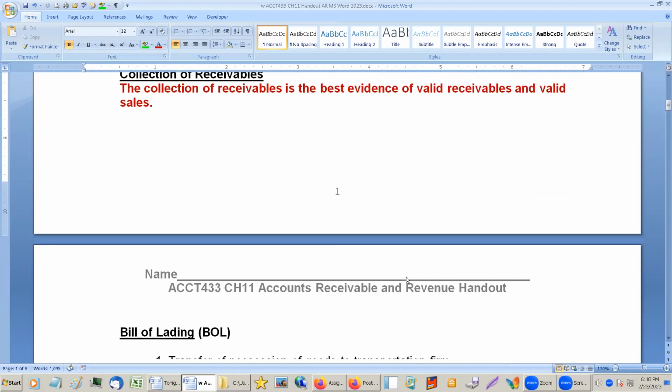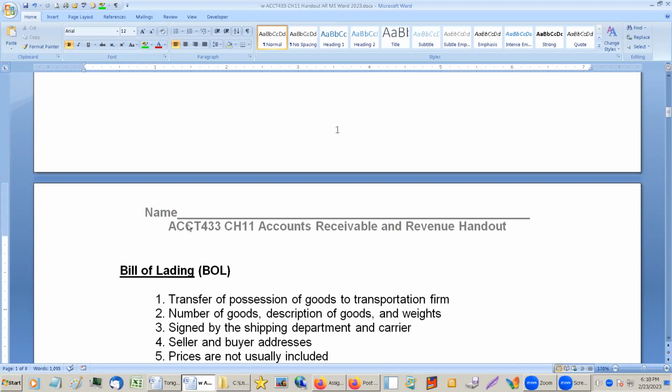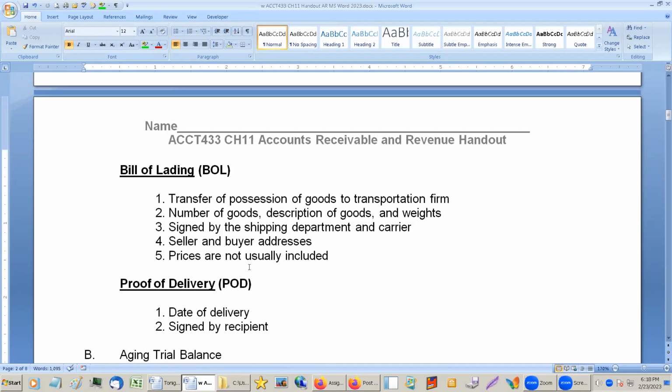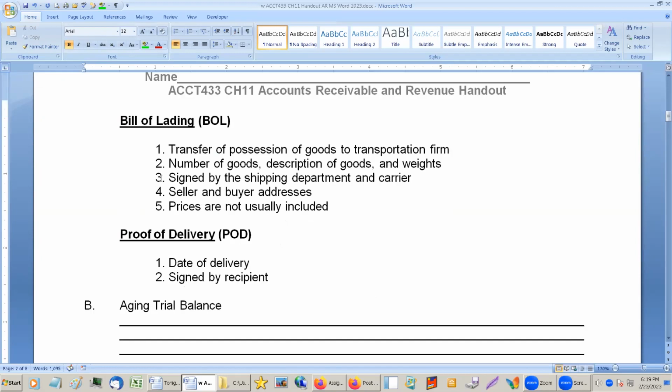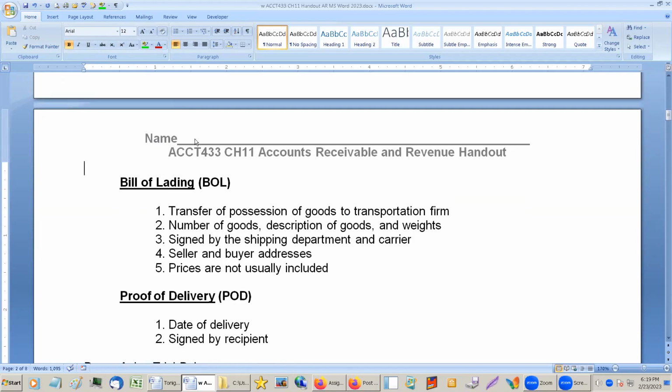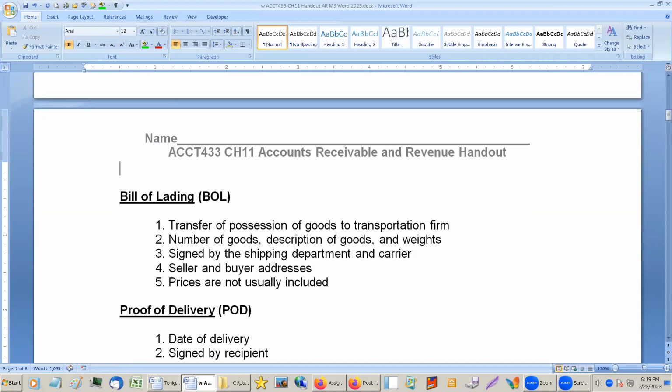All right, so it's good to have the shipping document. Why are these labeled as shipping documents? Let's correct that. Now, shipping documents.